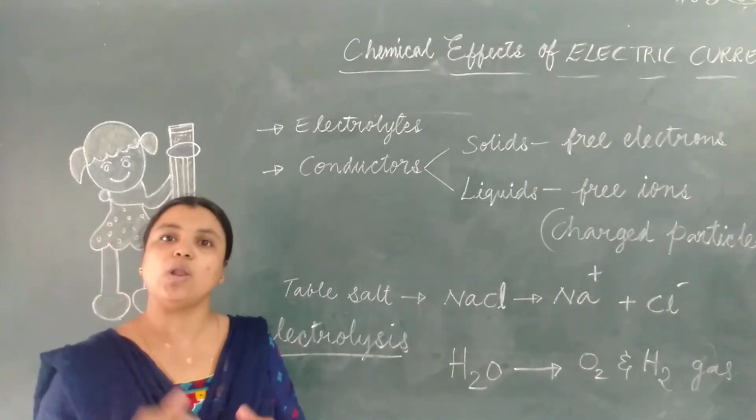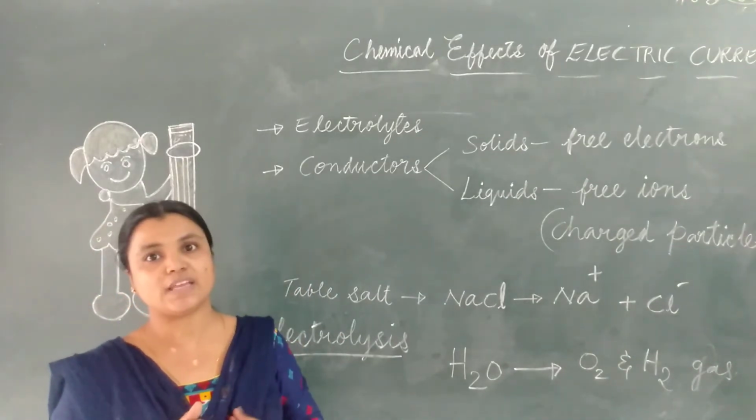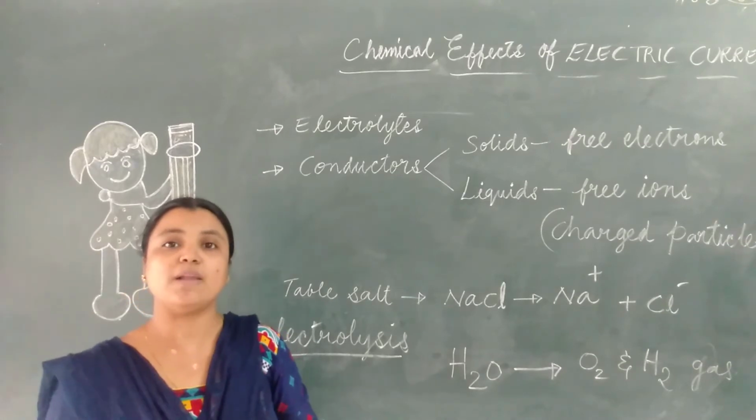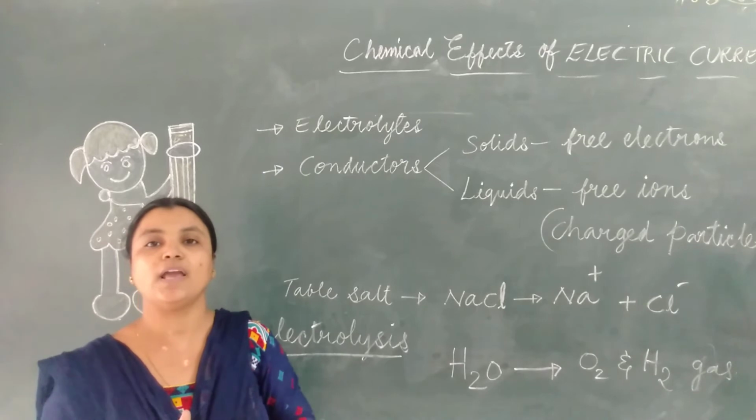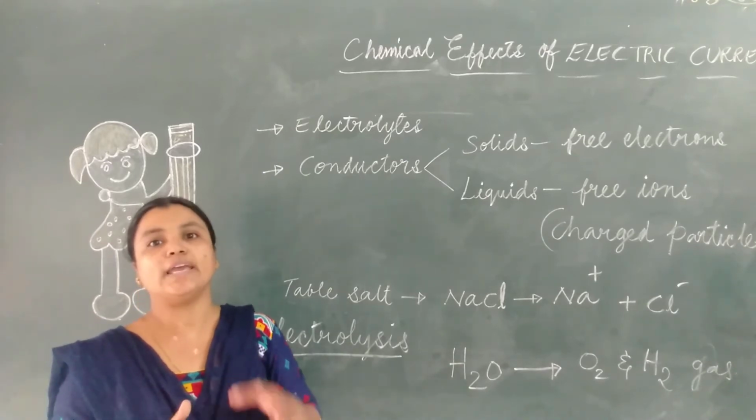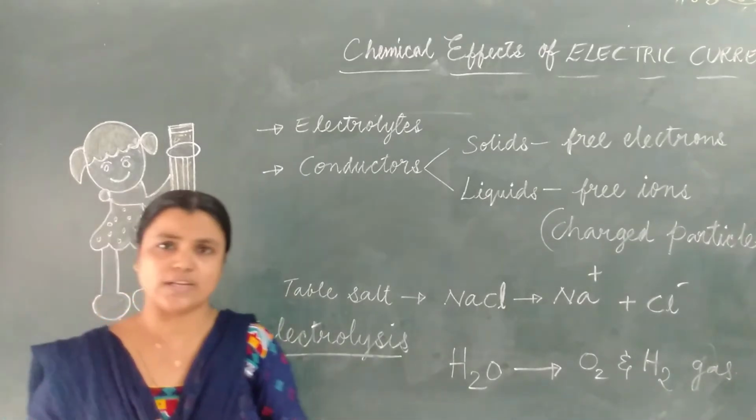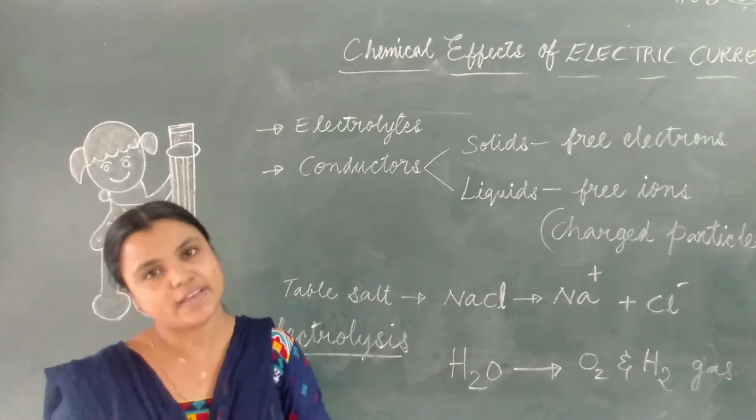If the bulb glows, like we have seen in the previous class, it's a conducting liquid. If the bulb does not glow, it is an insulator, nothing but a poor conductor of electricity.